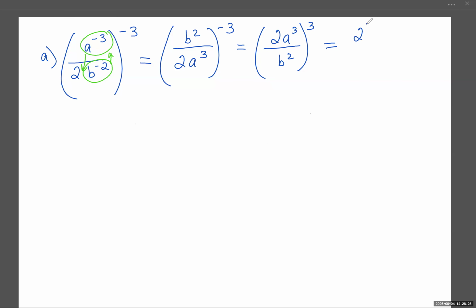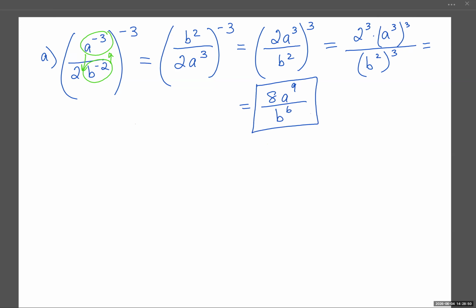This is just 2 to the third power times a to the third power, and then to the third power again, and then b to the second power to the third power. 2 to the third is 8, a to the 3, and then to the 3 again. You multiply the powers this time, so it's a to the 9th, and then b is to the power 2 times 3, which is 6.